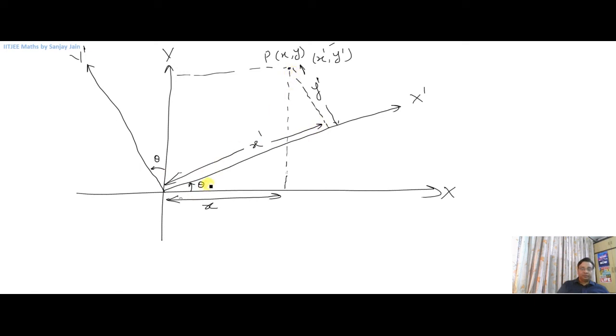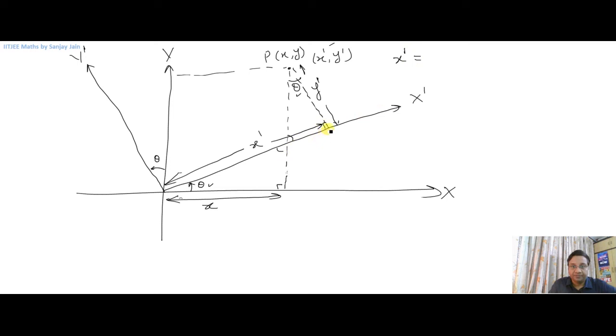And I also displayed that if this angle is theta, this angle will also be theta, because this is a perpendicular. So if this is theta, this is 90 minus theta, this angle will also be 90 minus theta, so this will be theta, right? Now I want to write x dash in terms of x and y.